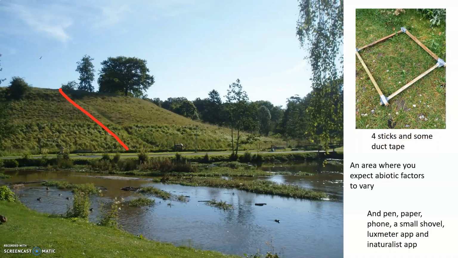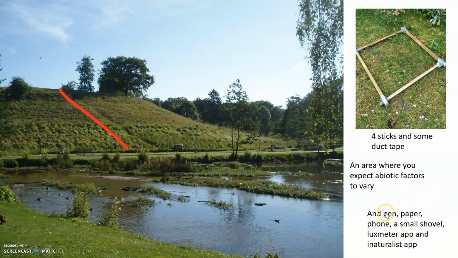Then of course you also need to figure out where you want to go. Like I said before, it should be an area where you expect abiotic factors to vary along the transect. In this case, I expect this area down here to be pretty humid, and then it would be pretty dry up here. So I expect that humidity would definitely vary along this line.